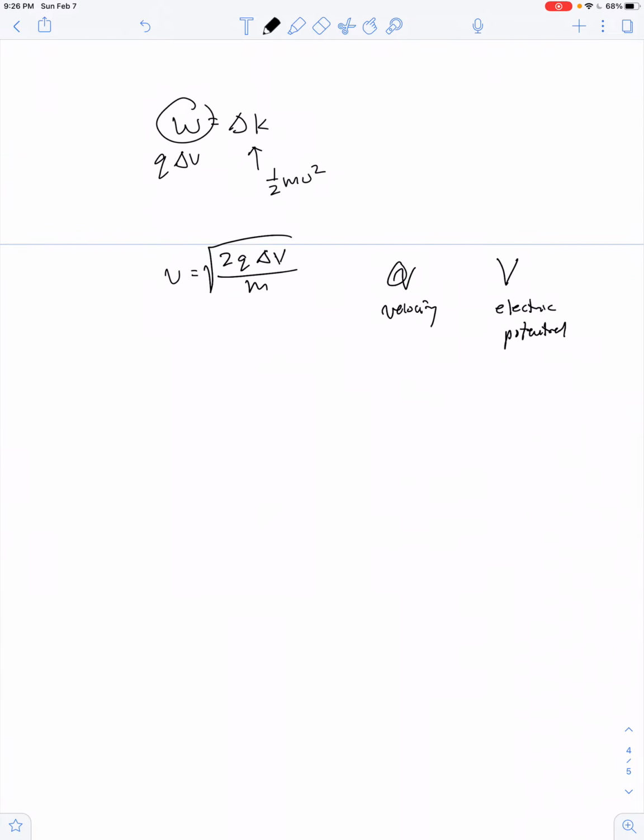Okay, so that's exactly what capital V represents. Electric potential, it's a quantity measured in joules per coulomb. Delta V is nothing more than some final electric potential minus some initial value of electric potential. There's a name for that, other than calling it change in electric potential.